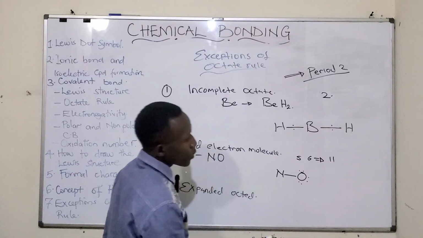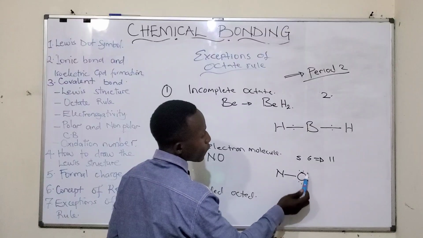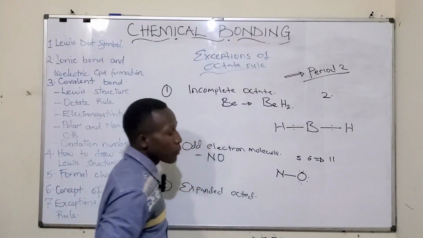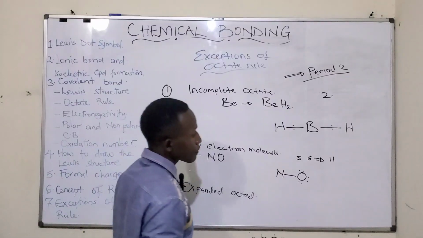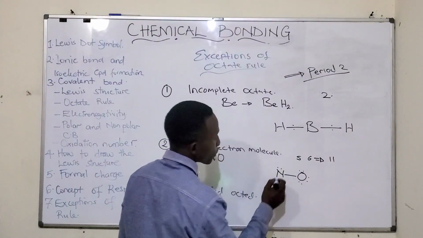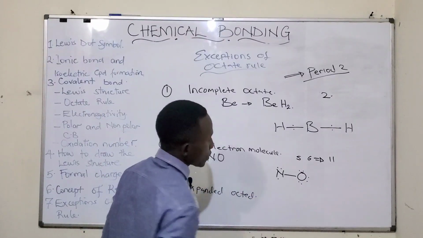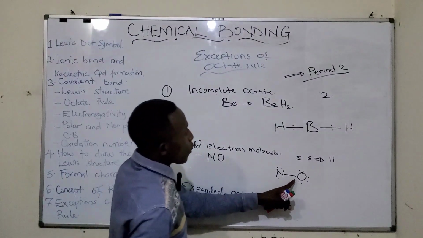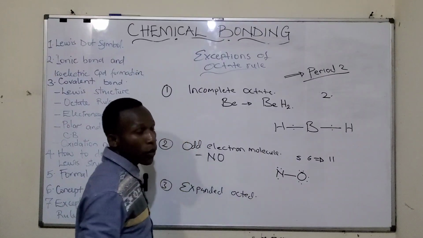So this one is the surrounding atom, which is connected to nitrogen. Then from here, let's count the number of electrons. We have 1, 2, 3, 4, 5, 6, 7, 8. So that means we are remaining with 3 electrons. 1, 2, 3. We put them. So oxygen and nitrogen, we can't complete the octet.